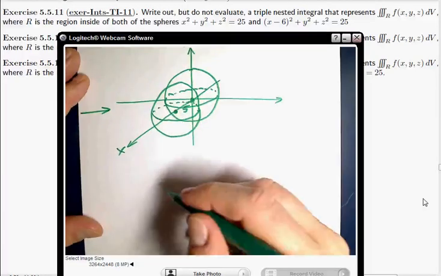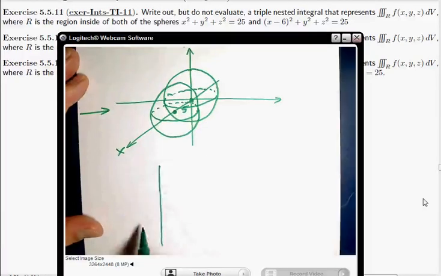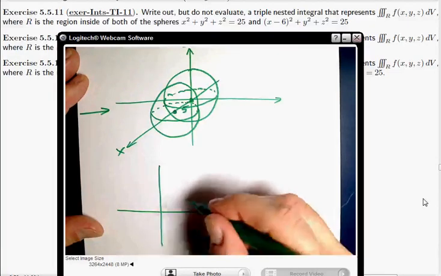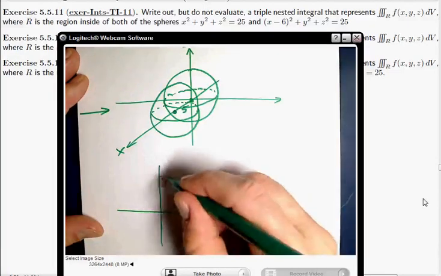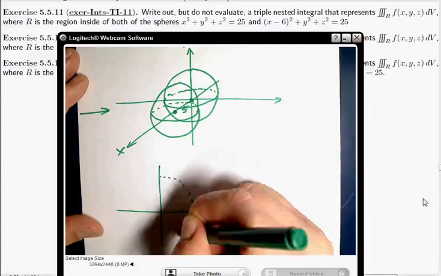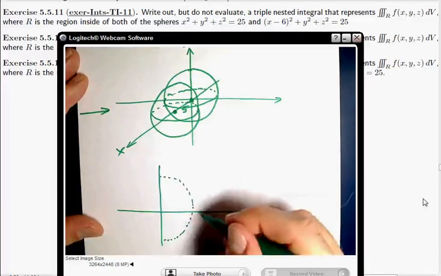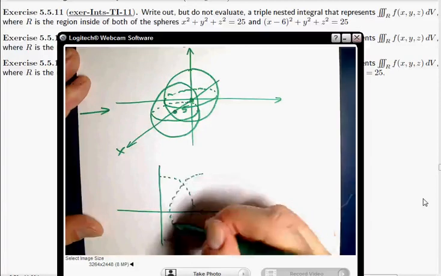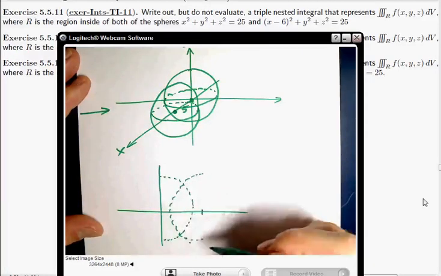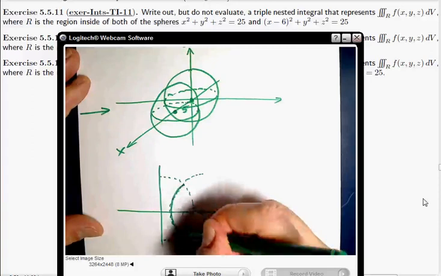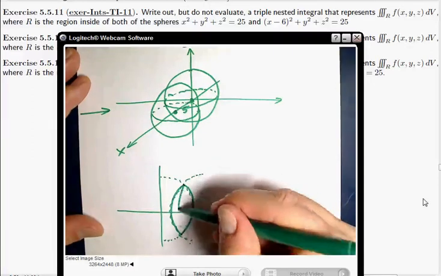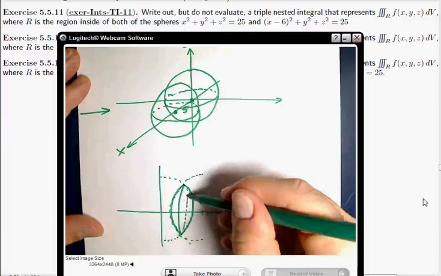From that point of view, I've got this one sphere, like that, of radius 5. Then the next one was centered at 6, radius 5. So the intersection is going to be something kind of like that. And then, of course, they intersect actually on a circle.